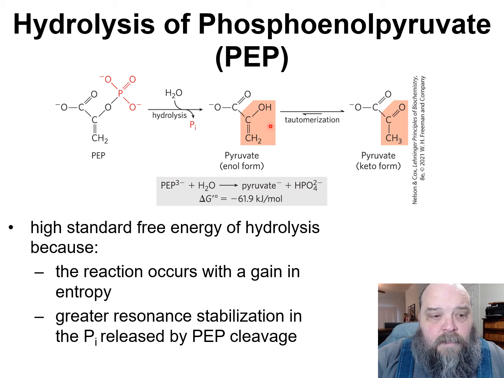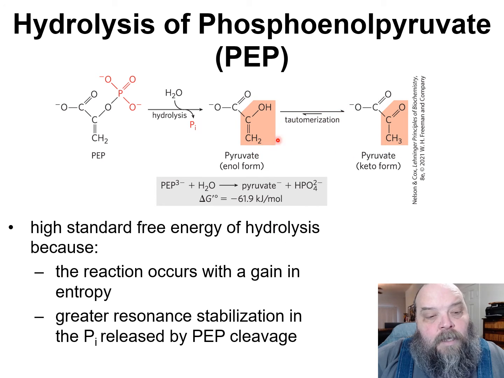pyruvate. The pyruvate, though, goes through what they refer to as a tautomerization. There are 2 forms of it that it will basically go back and forth between. Now, I'm assuming the artist who drew this is showing one long arrow and this short one.